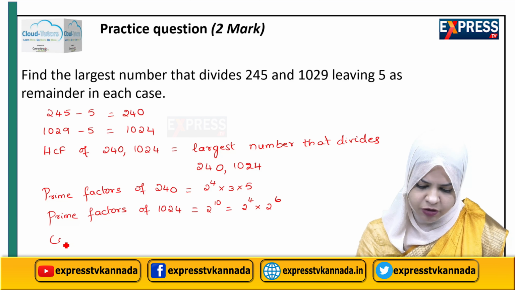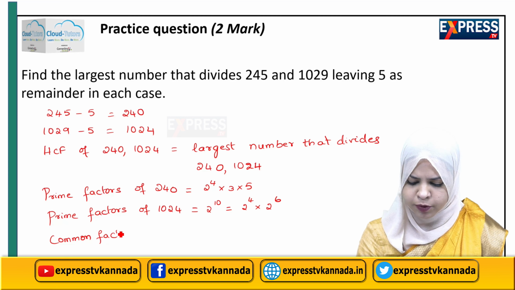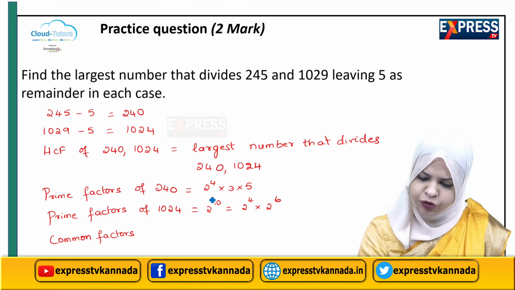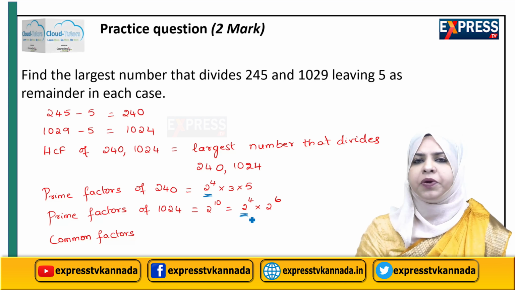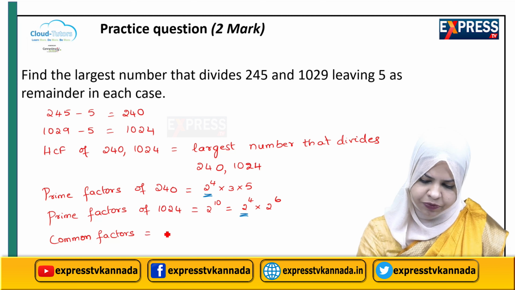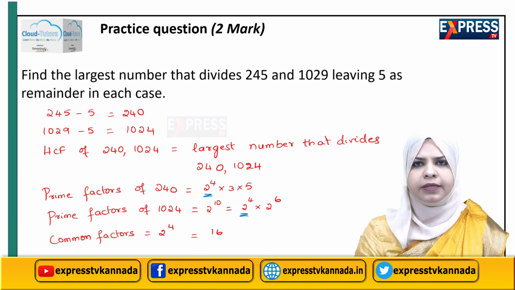Now we need to find the common factors. What are the common factors which are common to both? As you all can see, it is 2 power 4 and 2 power 4, which is common to both. So the common factor here is 2 power 4, and that is nothing but 16.